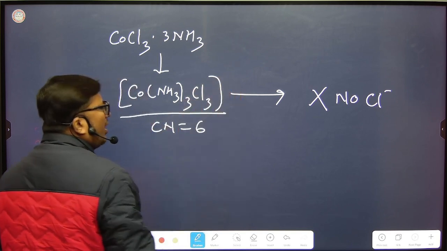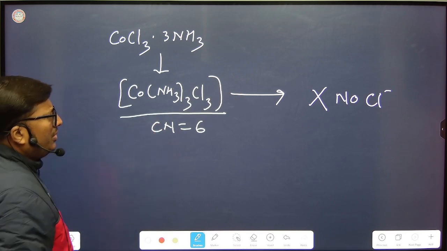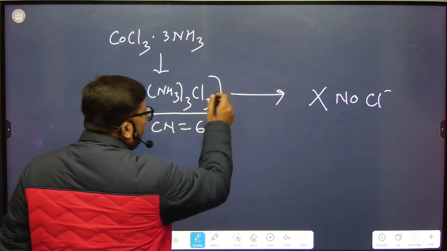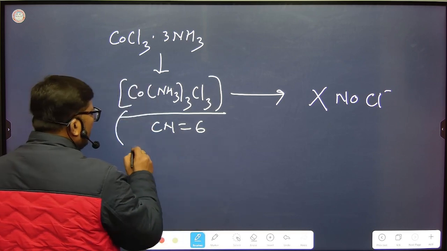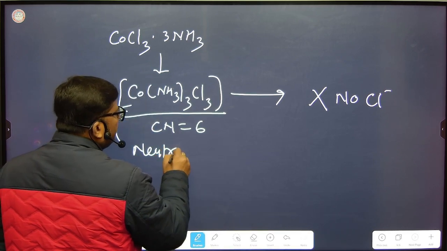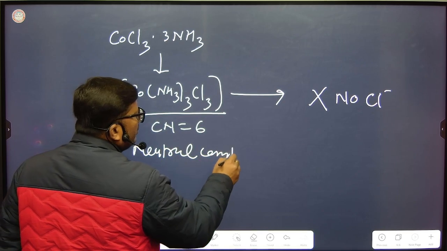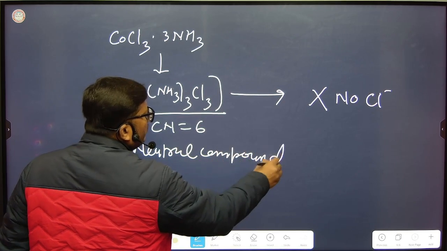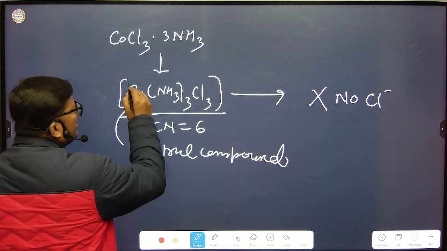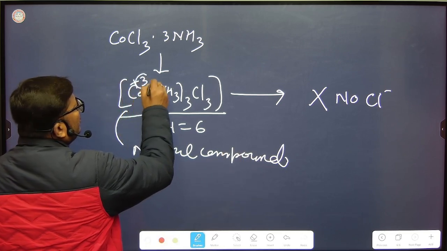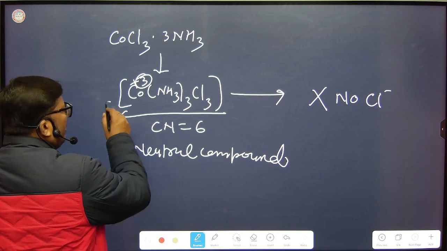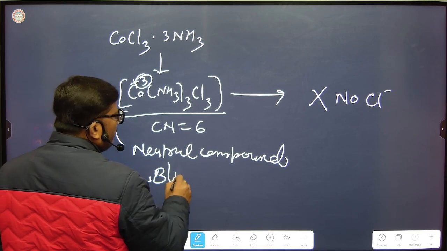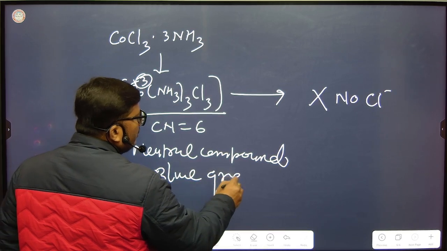There is no positive or negative charge, it is zero. So it is a neutral compound. But the cobalt still maintains +3 oxidation state, right? So this has a blue green color.